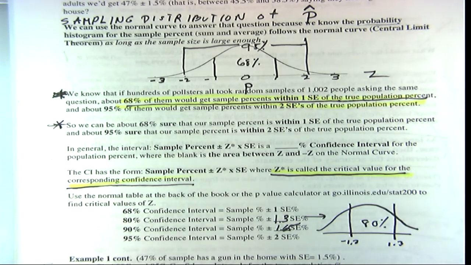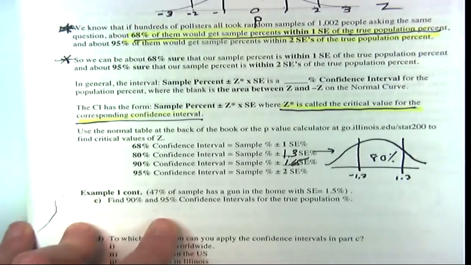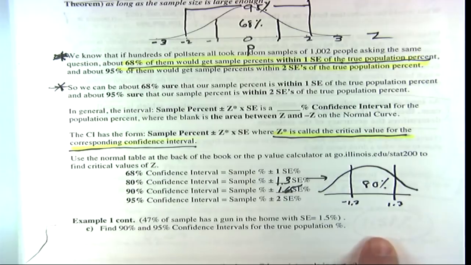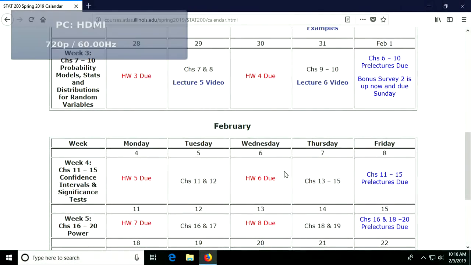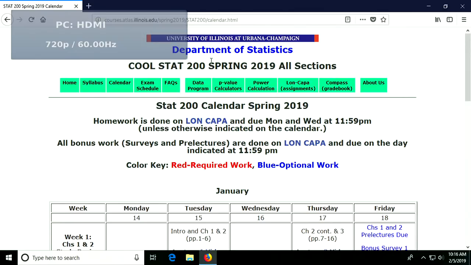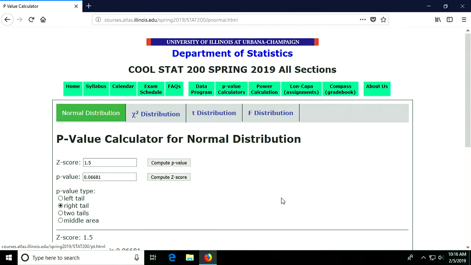Any questions on that? If you want to be more accurate, which you probably will be in other contexts, you could just go to our p-value calculator here. We want the middle area to be, let's say, 95.